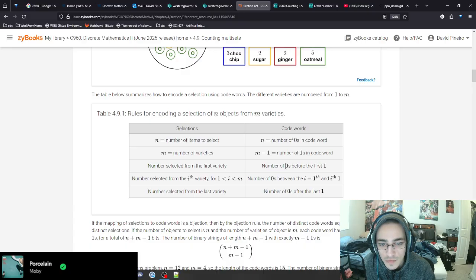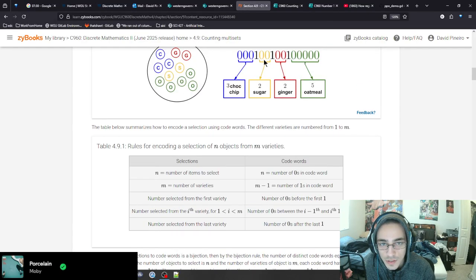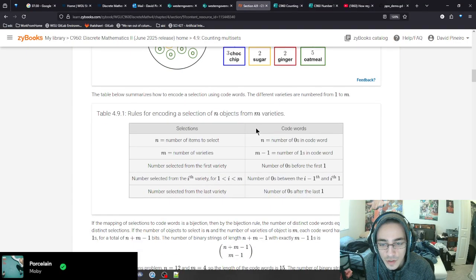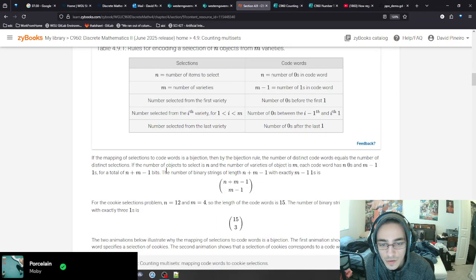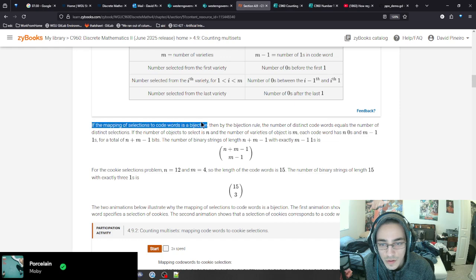It is the number of zeros before that. The ith variety is just the number of zeros in between. Number of distinct code words equals the number of distinct selections.